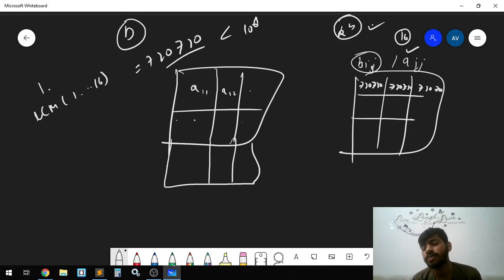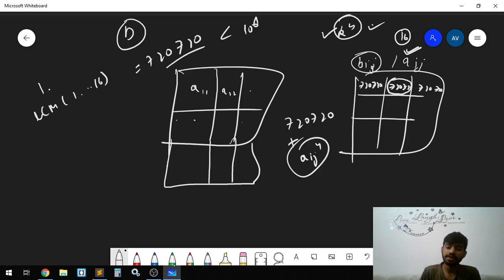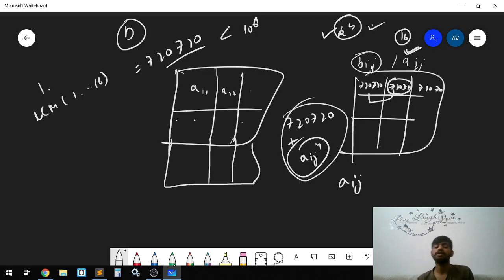If I want to make this number a multiple of a of ij and a k to the power 4, a simple basic solution is to add 720720 plus a of ij raised to the power 4. Then it is also a multiple of a of ij, and when I subtract this adjacent element, it gives me a k raised to the power 4, right?